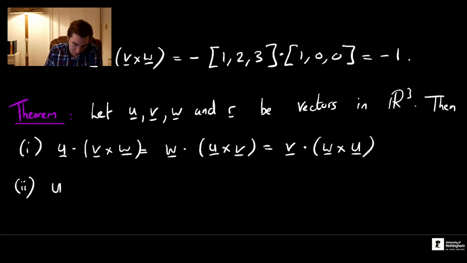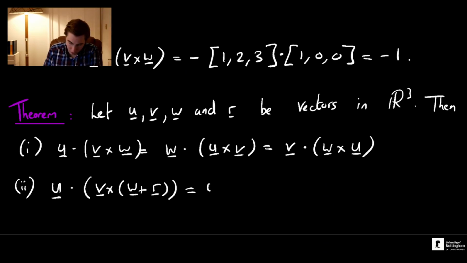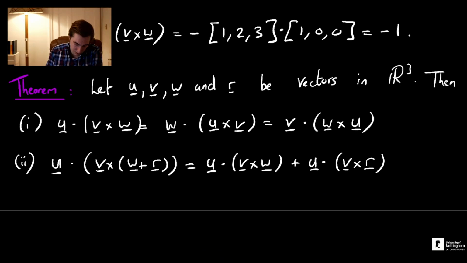The next one is that U dotted with V cross W plus R is equal to U dotted with V cross W plus U dotted with V cross R. Again, fairly tedious but easy to check, so check these yourself.